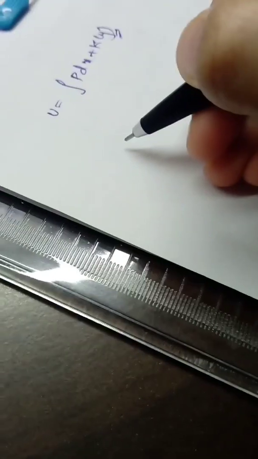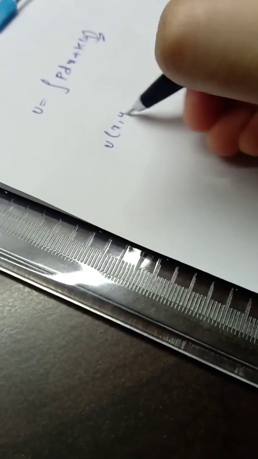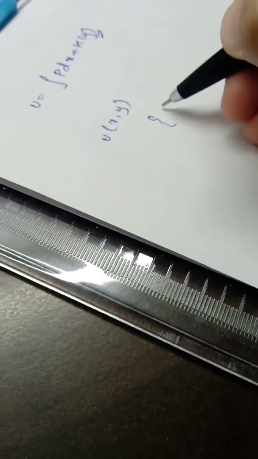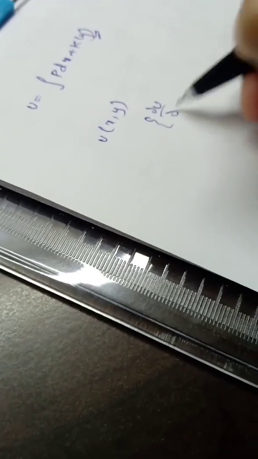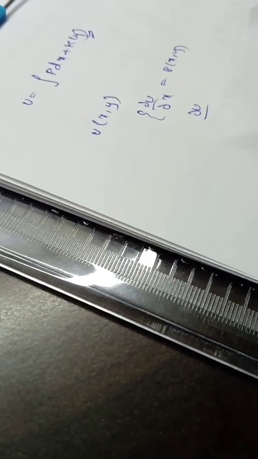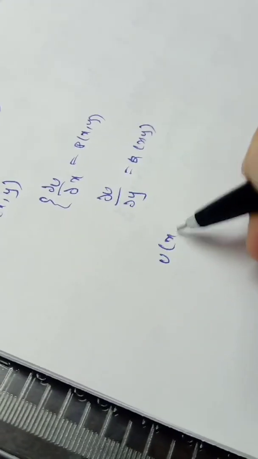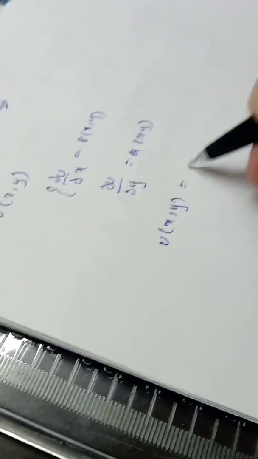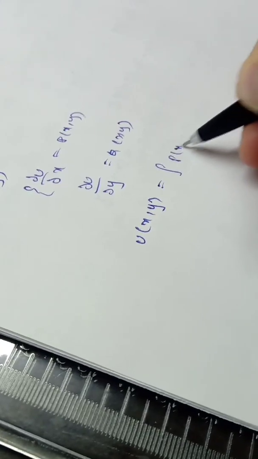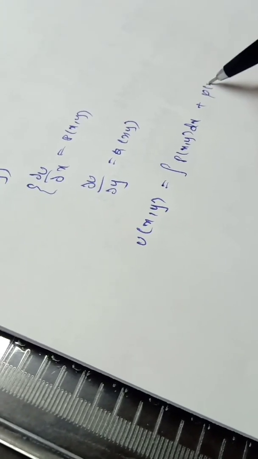The system of two differential equations that define the function u(x, y) is ∂u/∂x = P(x, y) and ∂u/∂y = Q(x, y). So u(x, y) equals the integral of P(x, y) dx plus some function of y.